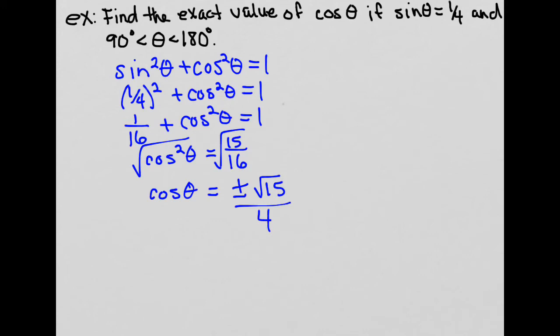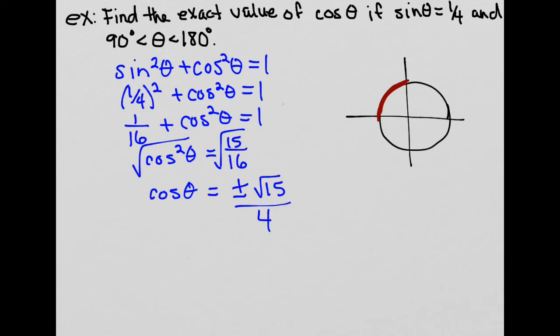Now, this is where the little angle range comes in handy, because we don't know if the cosine is the positive square root of 15 over 4 or the negative square root of 15 over 4. But if we were to draw our graph with our unit circle, we are between 90 and 180 degrees, so that would be right here, this little section.